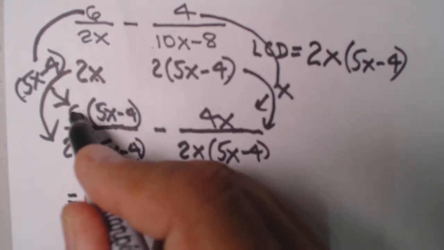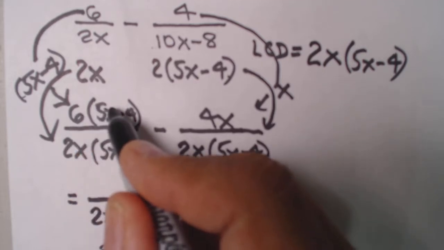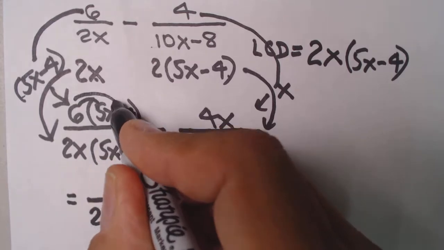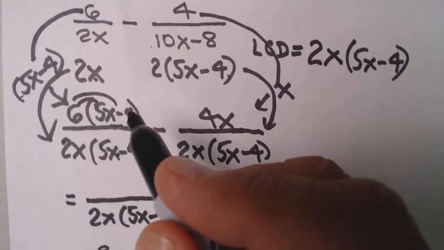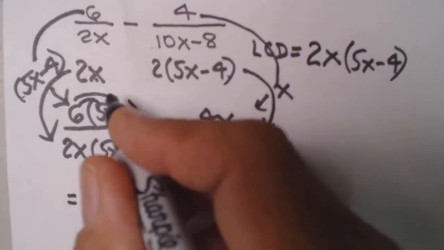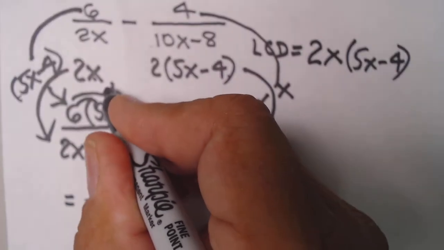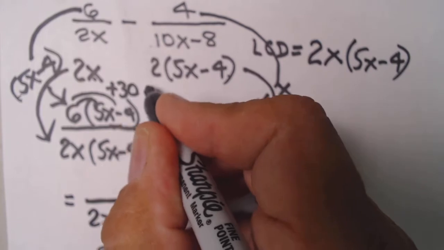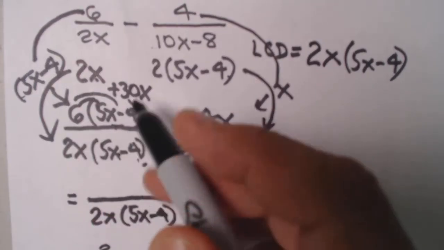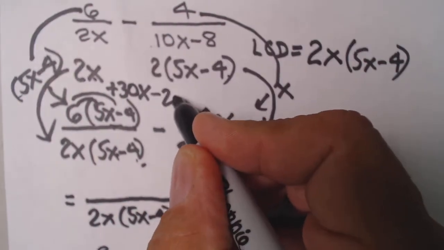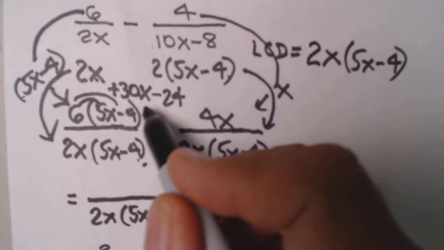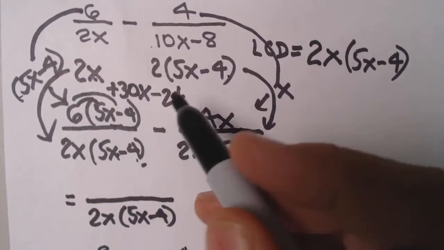In the first numerator here, we've got 6 times the quantity 5x minus 4. Use the distributive law to multiply out what you get. 6 times 5x will be 30x. It's going to be positive, so I'll put a plus in front just to remind us of that. Then 6 times negative 4 is negative 24. Okay, this is the total parts that make up this first numerator.